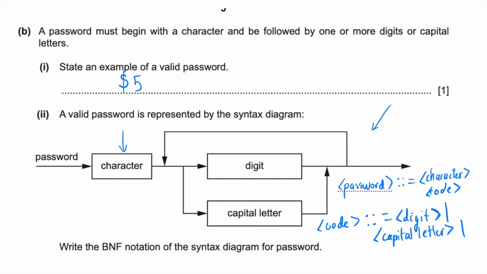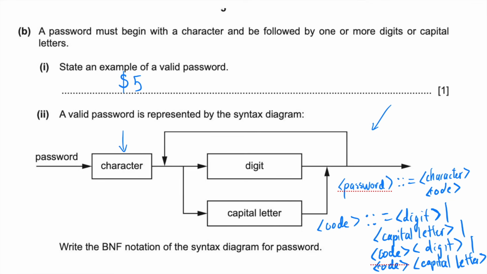It could be a code, so some digit or capital letter, followed by a digit. Actually, it could be a code and a digit. Or it could be another code and a capital letter. So this may be kind of confusing, but it's recursive in a sense.